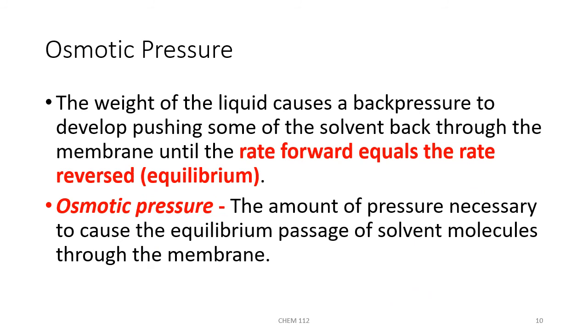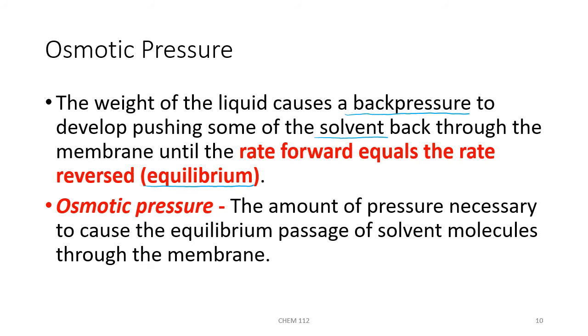As we saw in our last image, the weight of the liquid that was in the higher column pushed back and caused a back pressure to develop, shoving some of those solvent particles of water back through the semi-permeable membrane until equilibrium was reached, and the rate of the water particles pushing forward equaled the rate of the water particles pushing backward. So there was no appreciable change at that point.